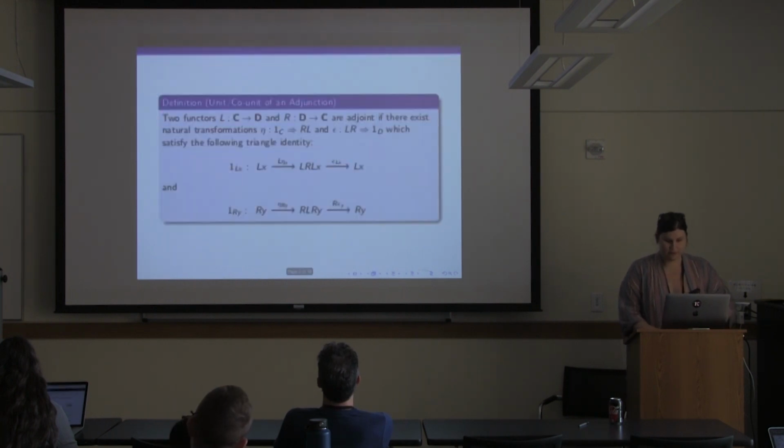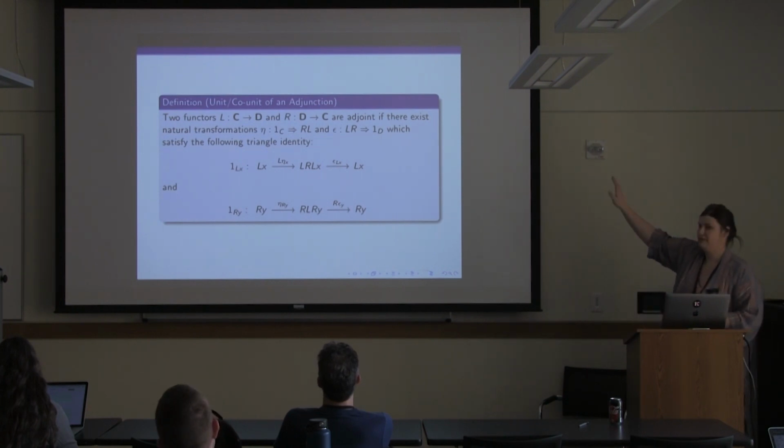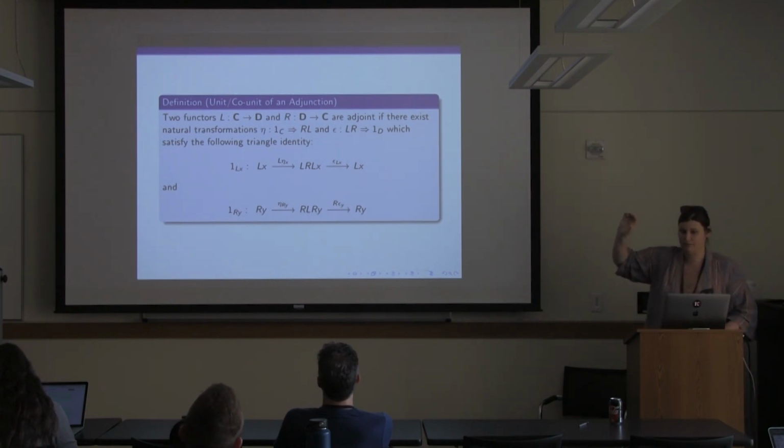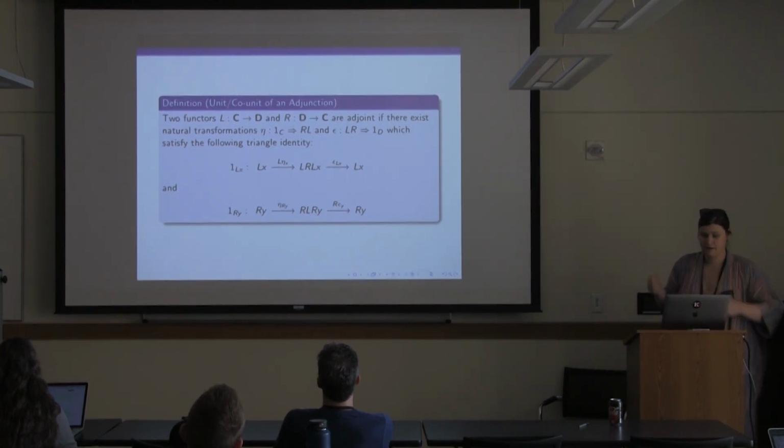Weird. Okay. So we have some universal properties, which are sort of equivalent to the definition that we had before. These are called the unit and the co-unit of the adjunction.